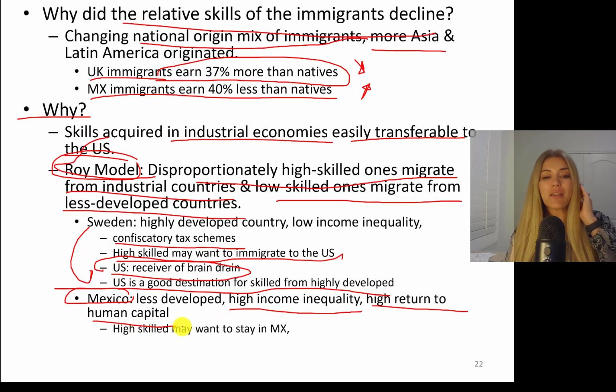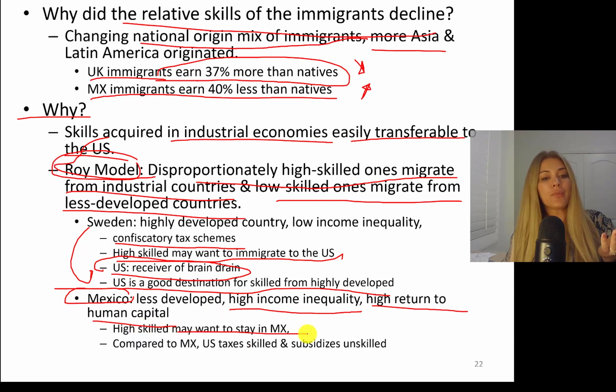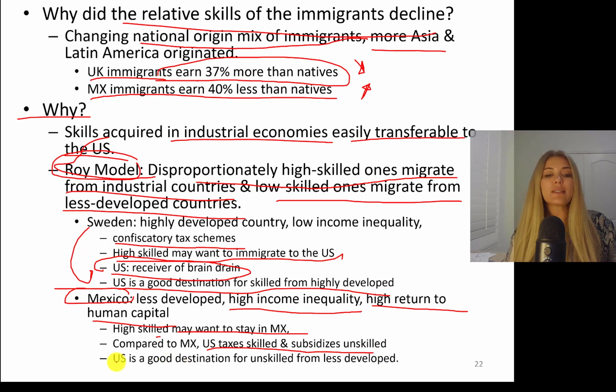So high skilled people may want to stay in Mexico, and compared to Mexico, the US taxes skilled people more and subsidizes the unskilled a little bit more. So the US is probably a good destination for unskilled people from less developed countries. Of course, this is just a model trying to explain the different skill levels of immigrants from different source countries.